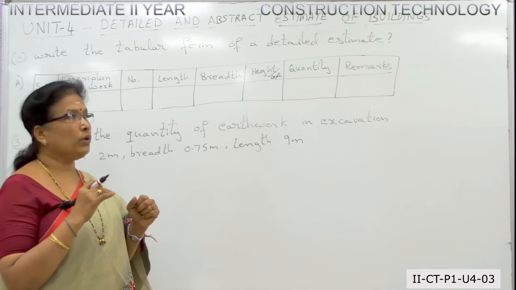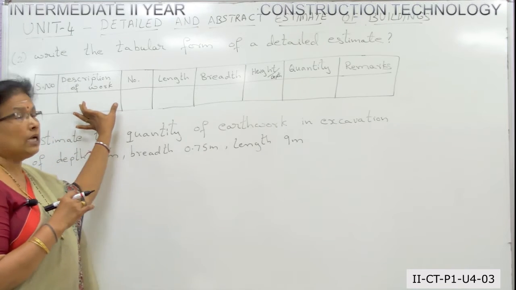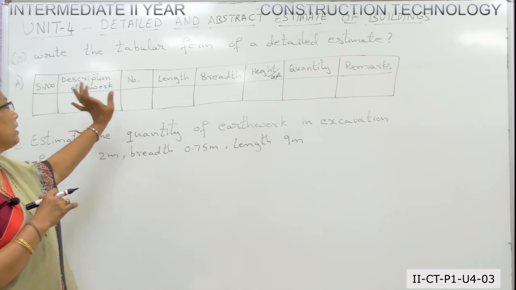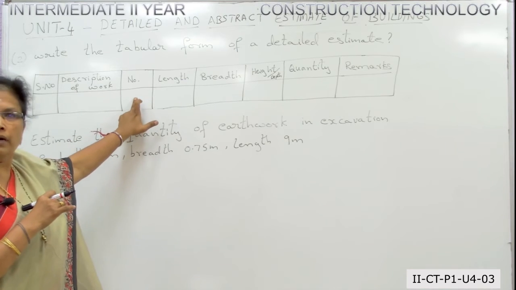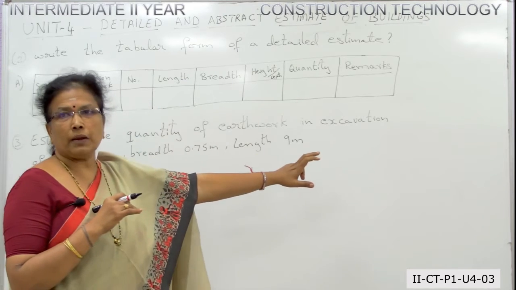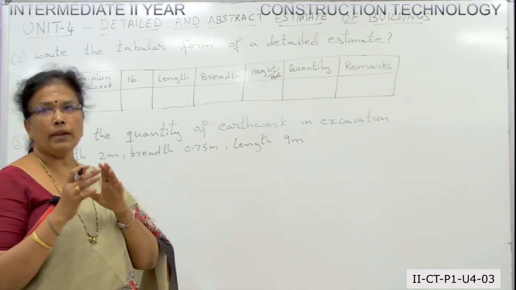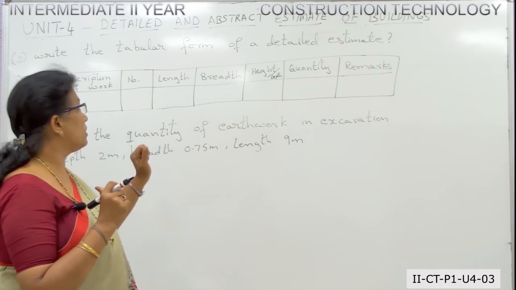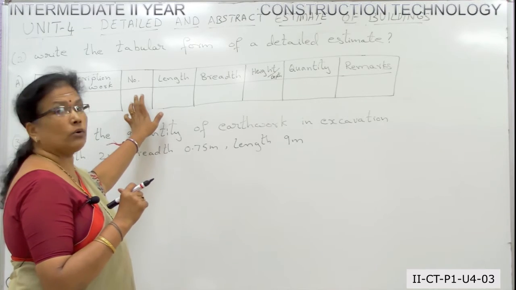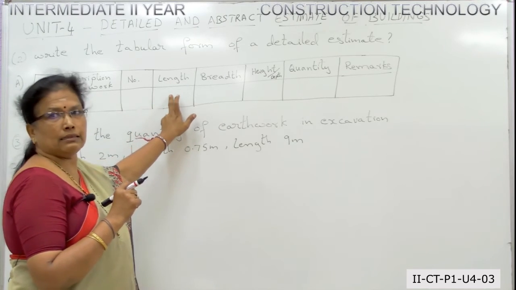Whatever quantity you are calculating, that work, that item is mentioned here. And number: I explained in the first problem the long walls and short walls. So how many long walls are there? How many short walls are there? That number you are going to mention here.